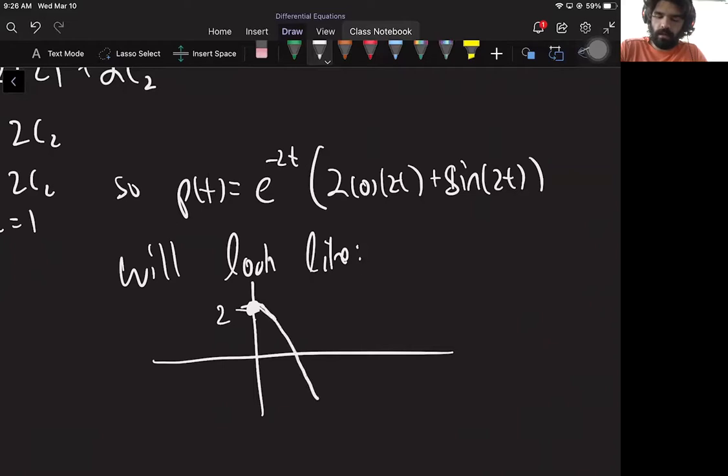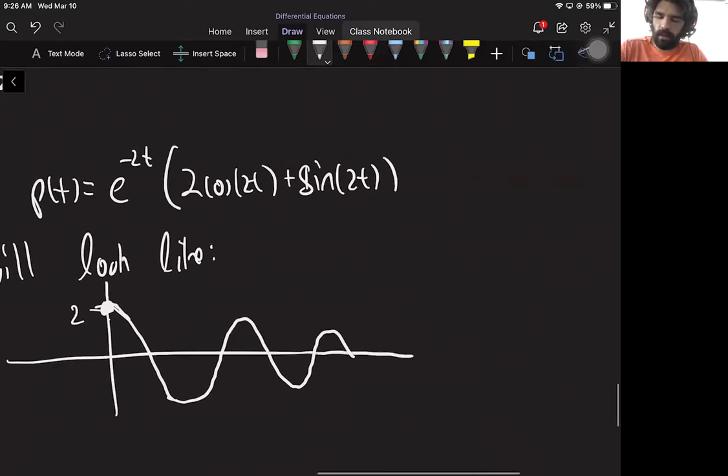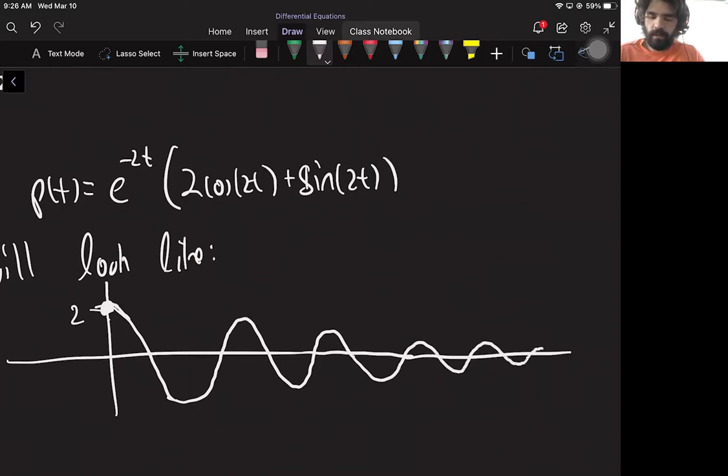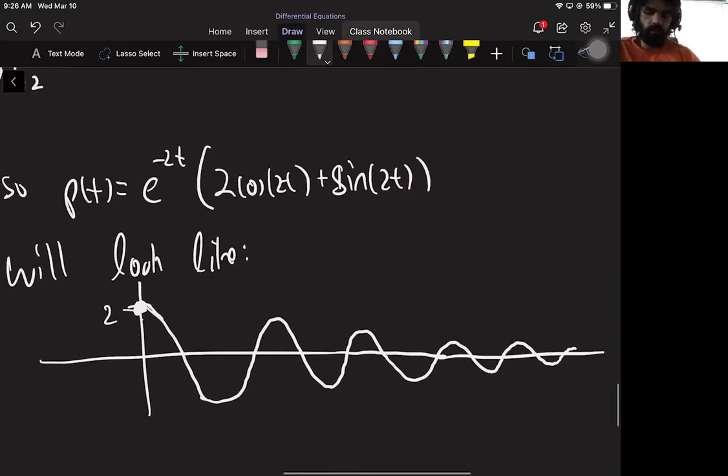And then it's just going to bounce back and forth a bit while shrinking in amplitude until eventually it sort of just peters out. And that makes sense because this time the resistance isn't that strong. So it just slowly weakens the amplitude instead of immediately making it go to equilibrium. This time it's allowed to bounce back and forth.